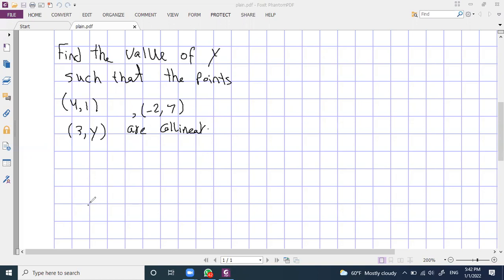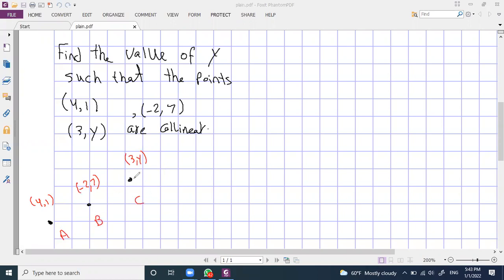What is the meaning of collinear? On the same line. The first point I have is (4, 1). The second point is (-2, 7). And the third point is (3, y). We can call them A, B, C.